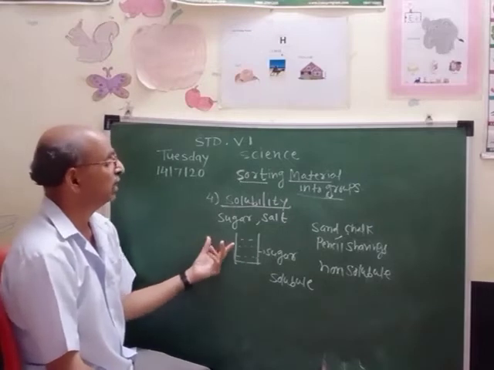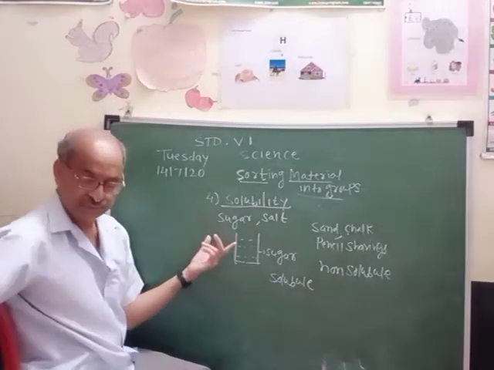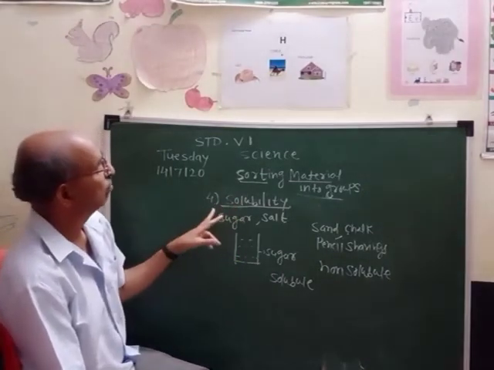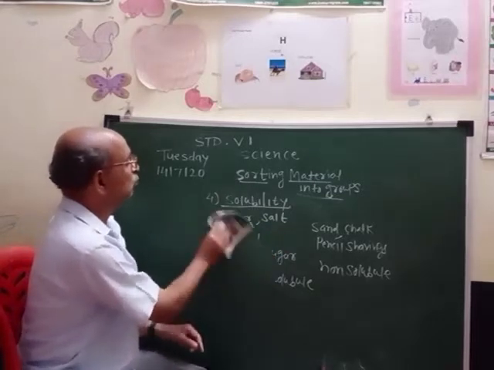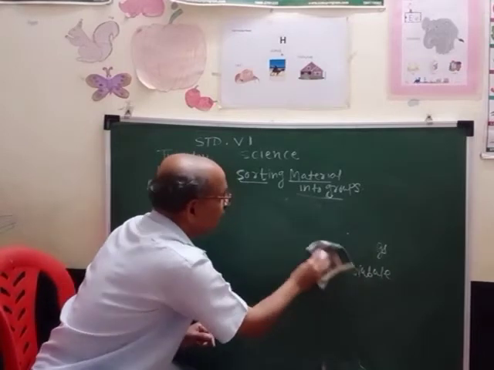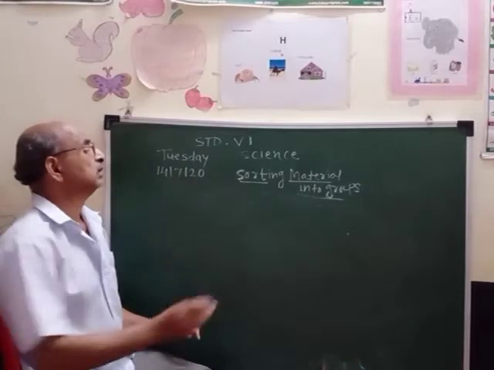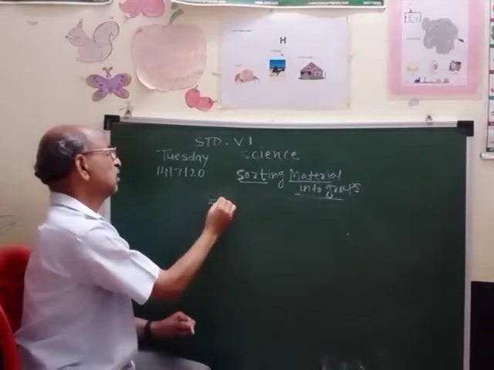According to that, again we can make the sorting. In this way, there are other properties also by using which we can make groups. Now we proceed to the next property of the material on which we can make the groups. Now the fifth property is flotation.